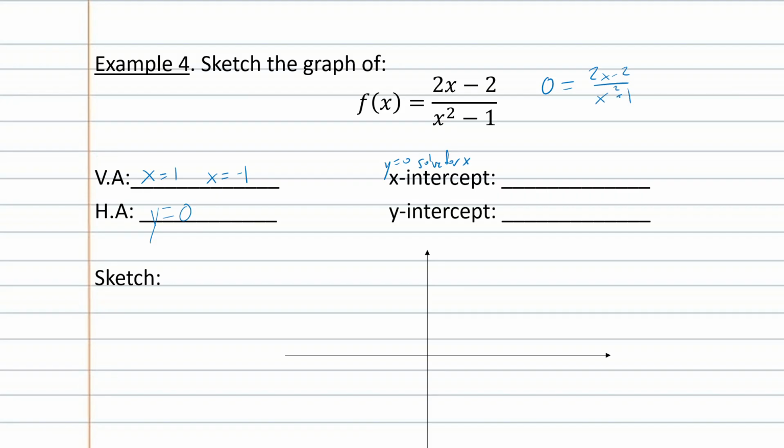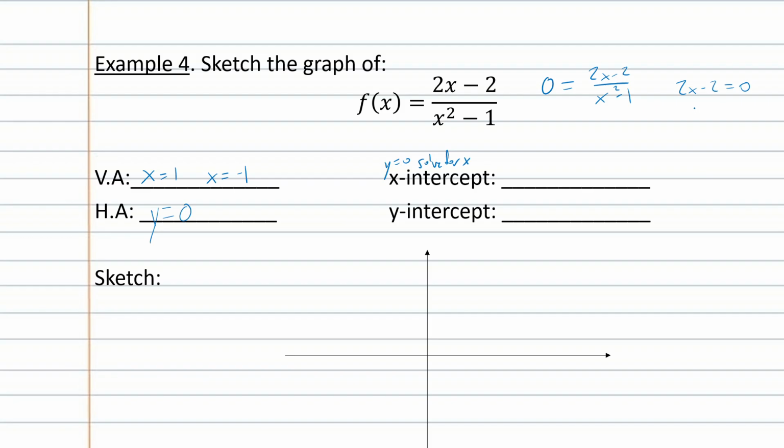Alright, so if we set it equal to 0, where f of x, or y in this case, equals 0, and we back solve here, we wind up multiplying the x squared minus 1 over. We know the denominator can't be 0, so we're really just looking at the numerator equaling 0. So really 2x minus 2 equals 0 would be our x-intercept set up here.